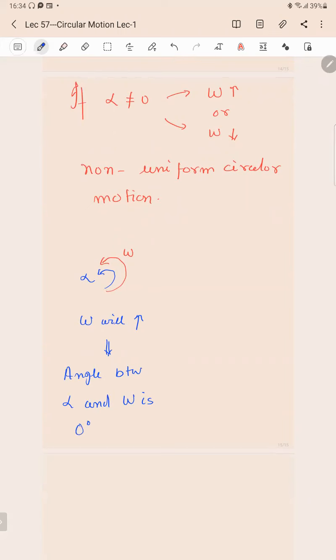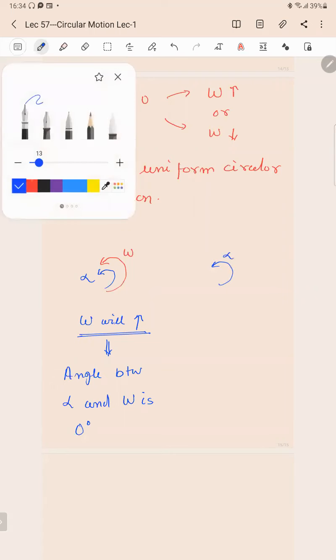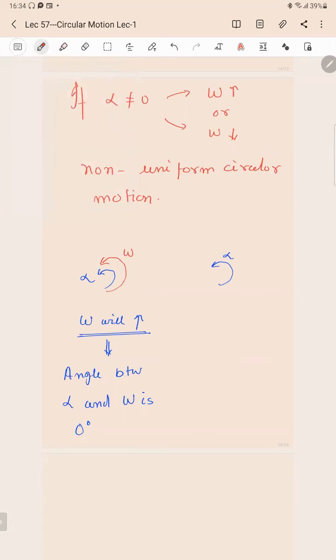0 degrees, exactly. They are out of the plane. So acha, it could be reverse also. If omega is clockwise, alpha is clockwise, then also omega will increase in the negative direction. So omega will increase when angle between alpha and omega is 0 degrees. But at the same time, let's say if alpha is like this, and let's say the omega is like this.